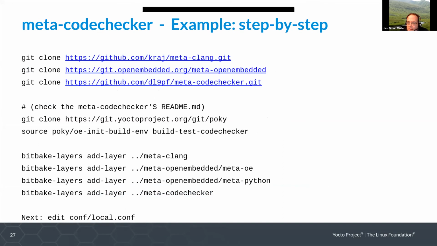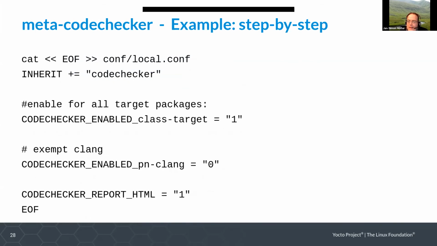So here's a quick step-by-step walkthrough. We need Clang, we need meta-openembedded, meta-codechecker, and of course Poky. And then we add the layers. Okay, so far, so good. I used the way meta-SCA works.